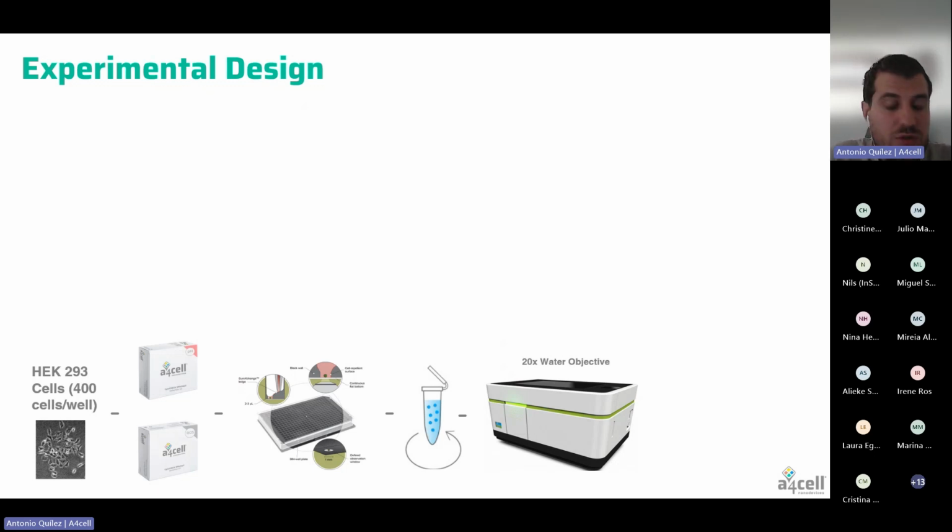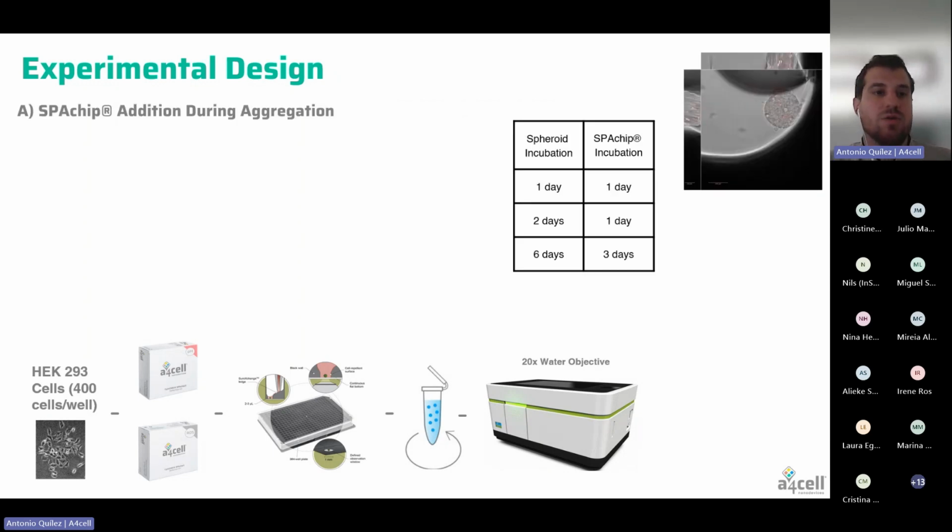For this, we used a spheroid formation multi-well plate that we then treated with different compounds, our samples, and we imaged in our microscope with a 20x water objective.